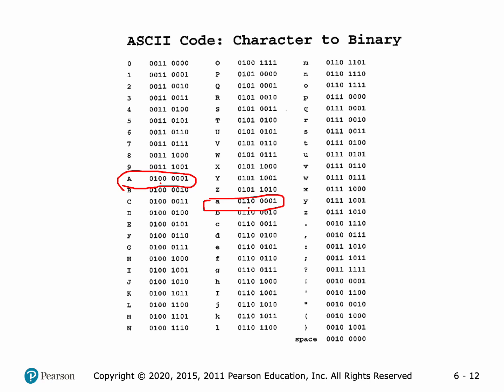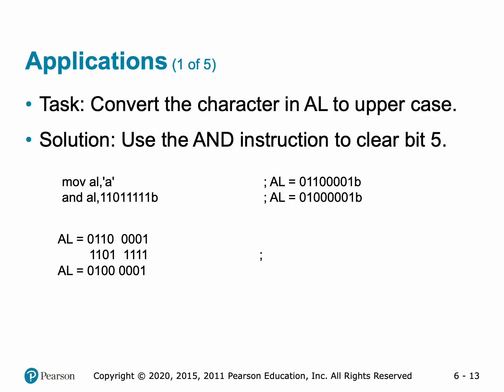So what we're going to do next is we're going to convert a lowercase letter. So here's lowercase a. We're going to convert that lowercase letter to a capital letter by using the AND instruction. The lowercase letter in binary is this number right here.